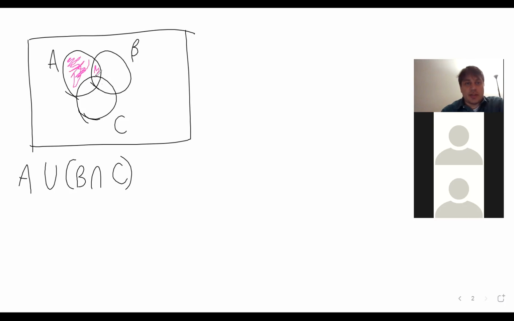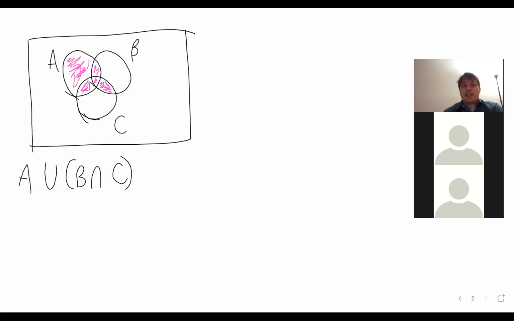This is still in circle A. These are just regions that overlap with the other circles, but they're still in A. So that's A, and then you're unioning it with B intersection C. B intersection C is these. We already have this covered. It's a union, so we're just going to include this part here. So that's A union B intersection C.